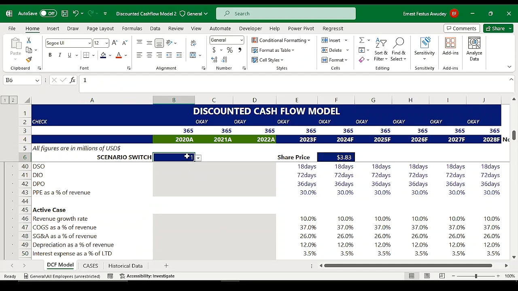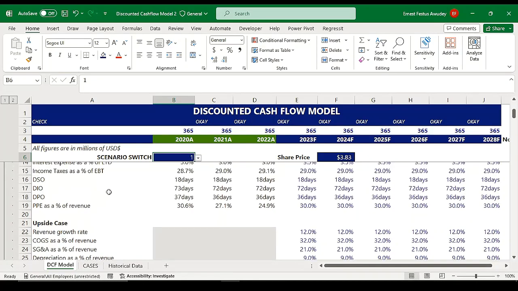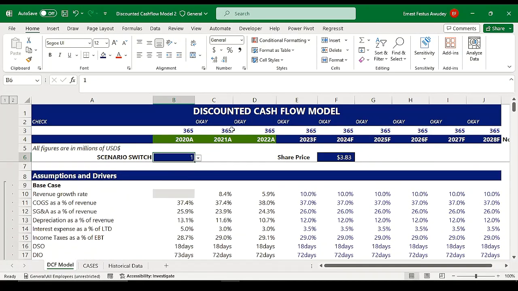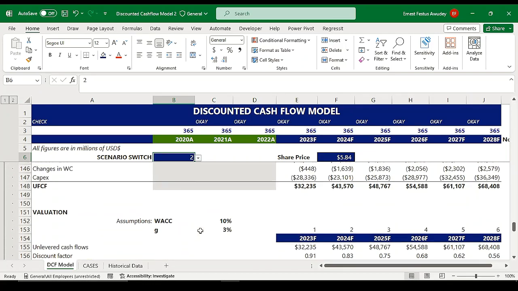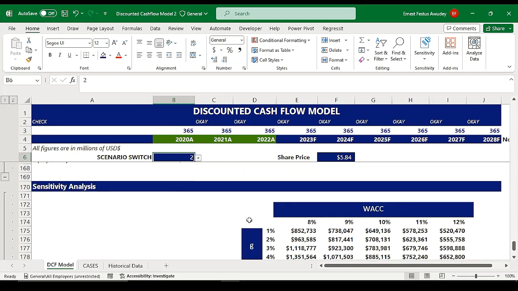So when I come here, we utilized data visualization in Microsoft Excel to be able to achieve this particular scenario switch function here. When I click and change it to number 2, you could see that it changes the scenario, and then the share price, which we determined using the intrinsic value under the DCF valuation model, changes dynamically.